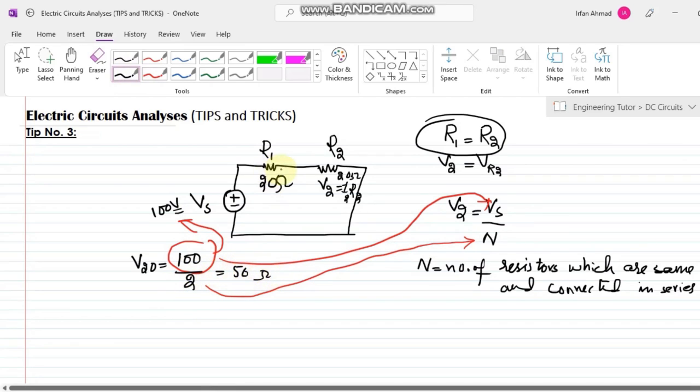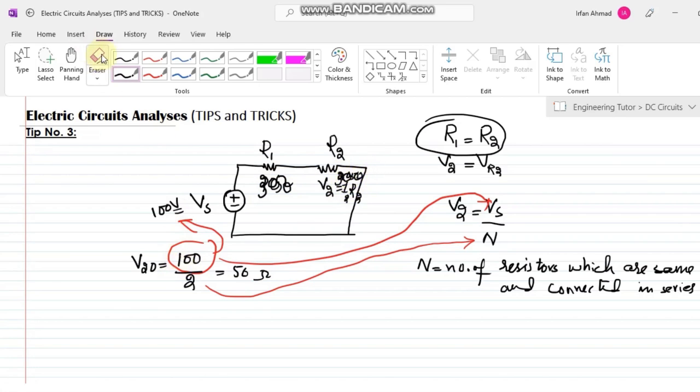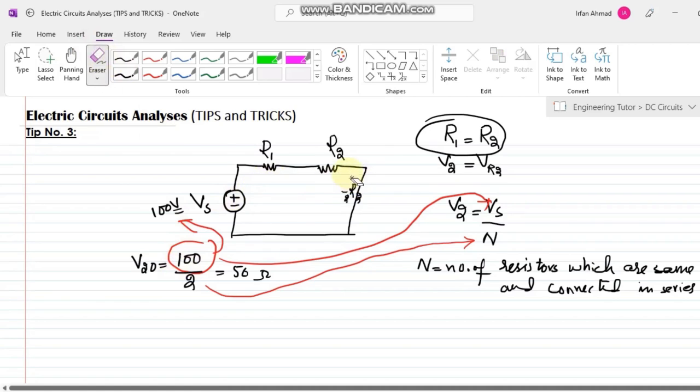Okay, similarly if it is not 20 here, if we have 30 or 300, let me call it 300. If the values here are 300, R1 is 300 ohm, R2 is also 300 ohm. So what will be the V300?